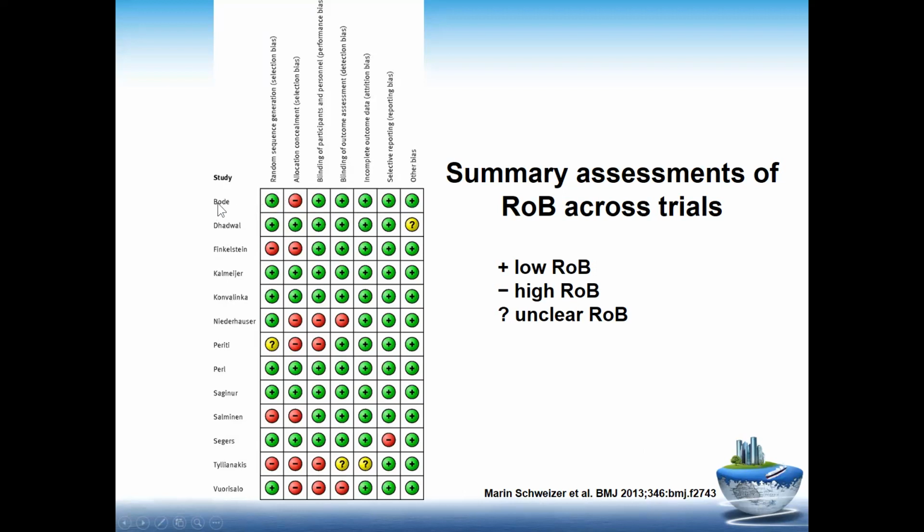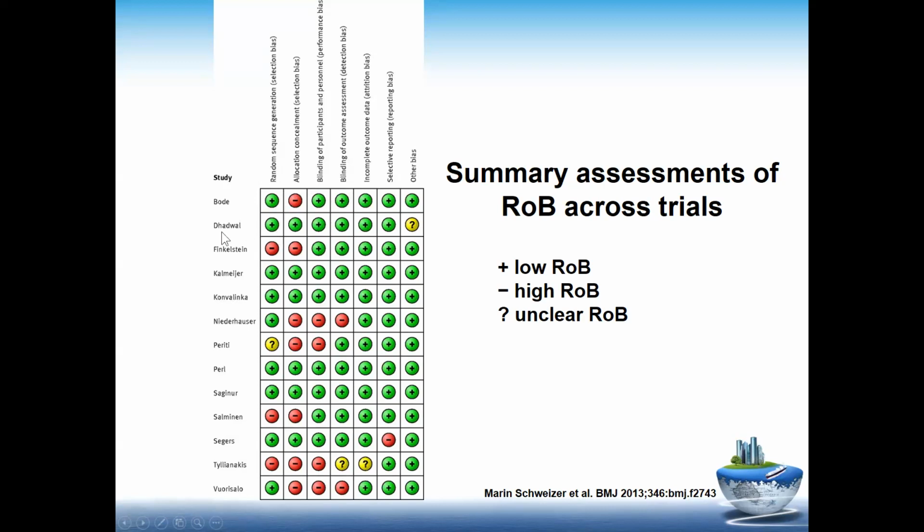Let's say for the first one, conducted by Bolt and colleagues, there are 7 domains. For 6 of the domains, they are at low risk of bias. But for allocation concealment, this domain is at high risk of bias. Okay, so this is for the first study.